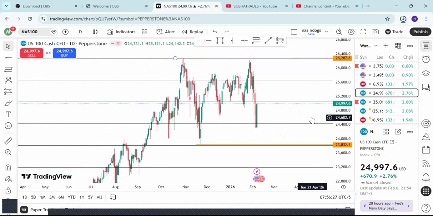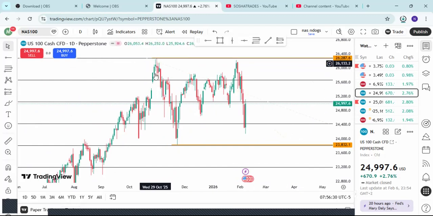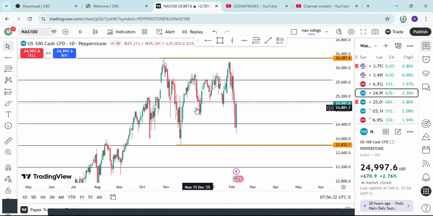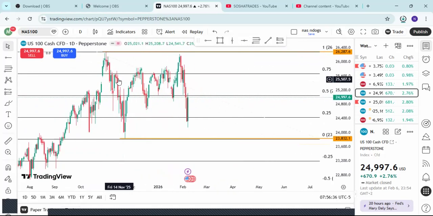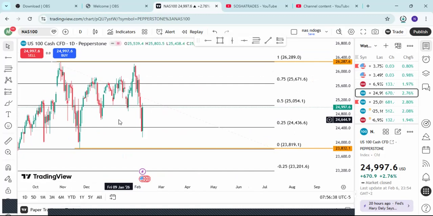When you go on the daily chart, what you see is that from here, we went back below 50% into discount, went into premium again here, around the 75% of the Fibonacci, then went back down into discount below 50%.